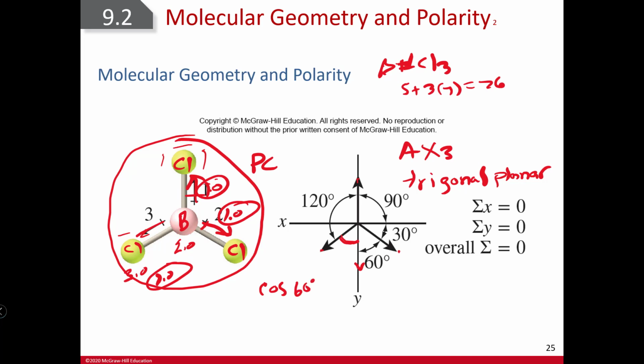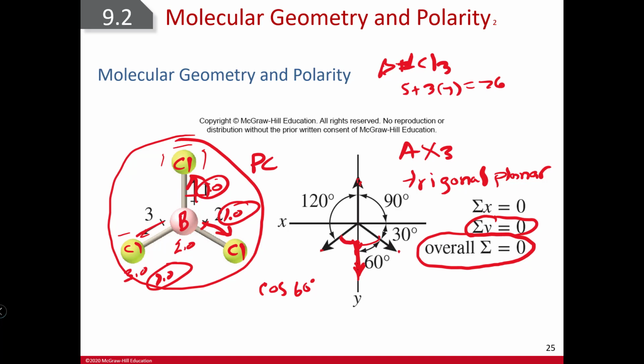So half of this force is going from here over to here, and the same thing here. And so those two half forces add up to be a full force that cancels out with this force. And so the overall summation of forces on the y-axis is 0.